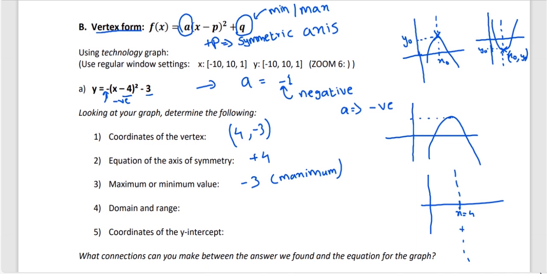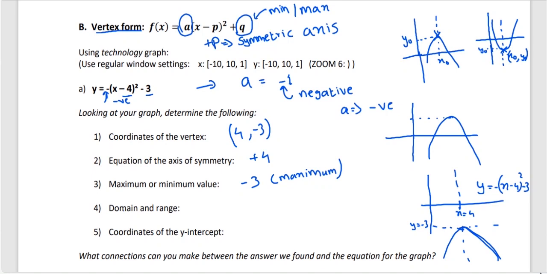So your y is equal to -3. That's this line, and this will be the curve. So this is the correct sketch for the given equation y equals minus (x minus 4) squared minus 3, and the maximum value is negative 3. Then they are asking for domain and range.